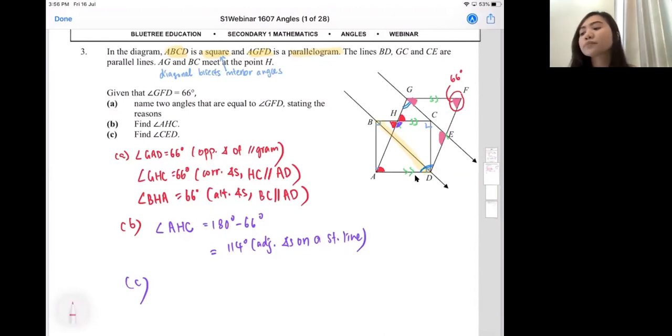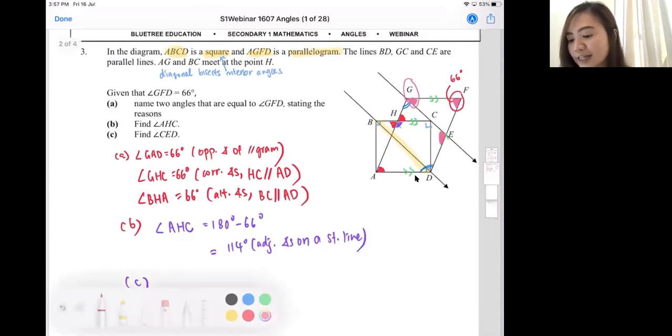So to find CED, we already have the 66 given to us. The shortest way to do this question is if we are able to find EGF, this EGF over here. Then we can just take 66 plus this EGF, and that will give us CED, the exterior angle of a triangle.